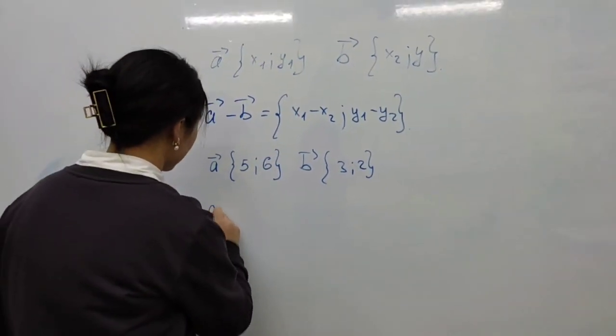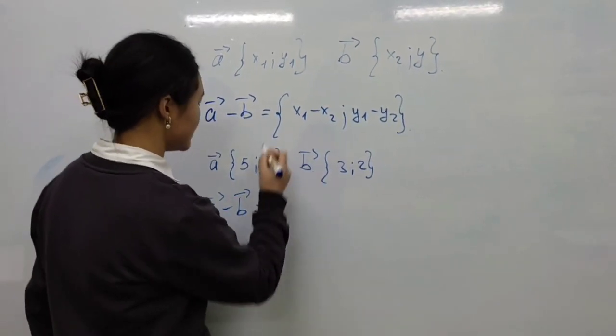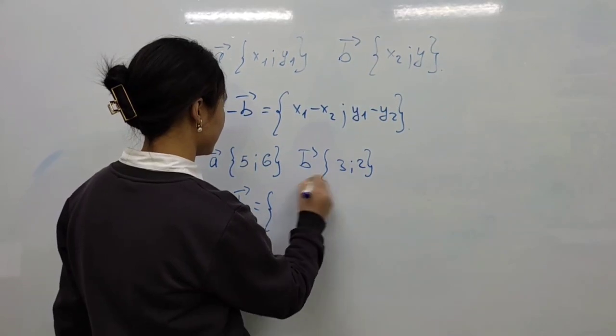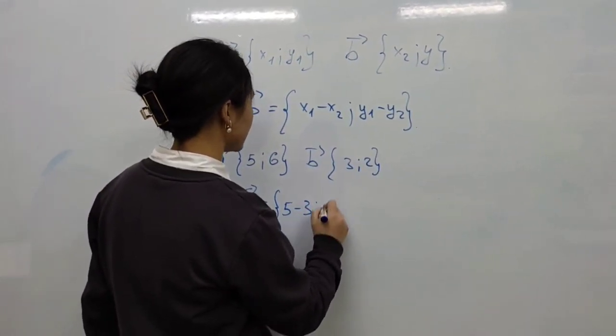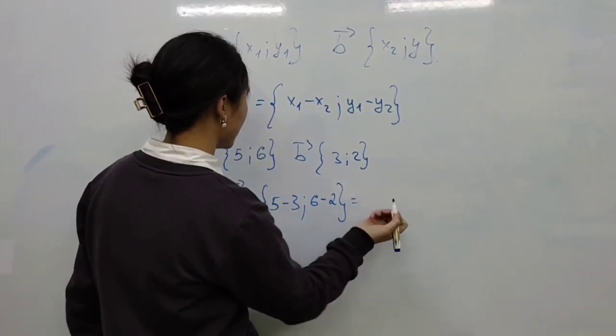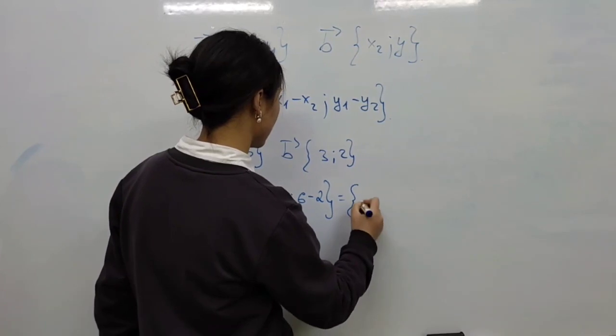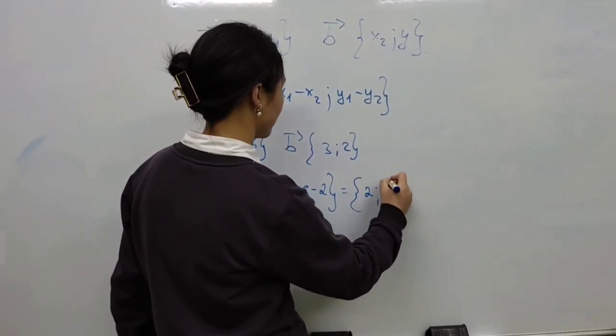Okay, vector A minus vector B is equal to 5 minus 3 and 6 minus 2, the answer is (2, 4).